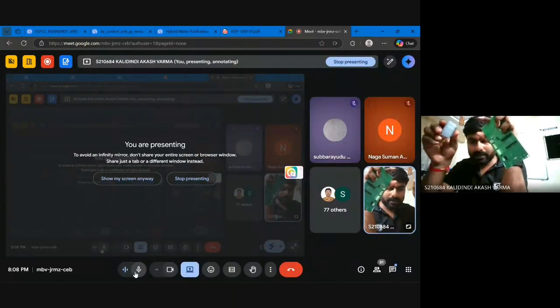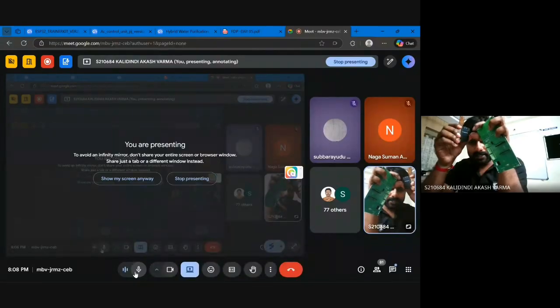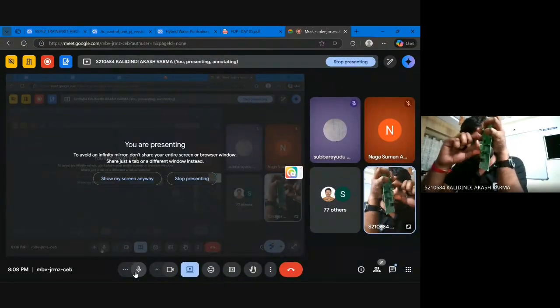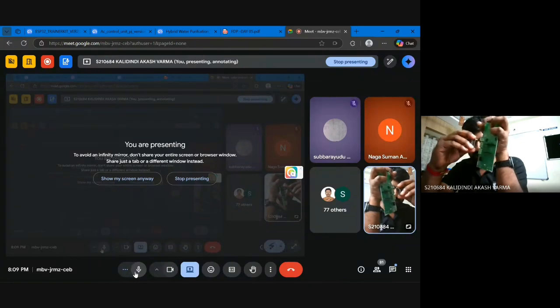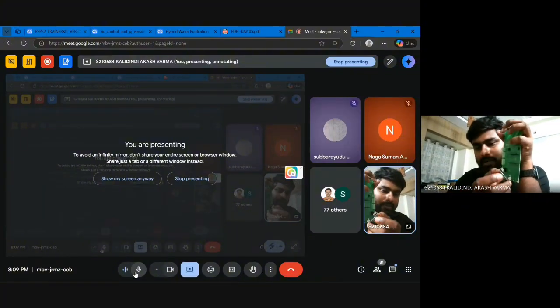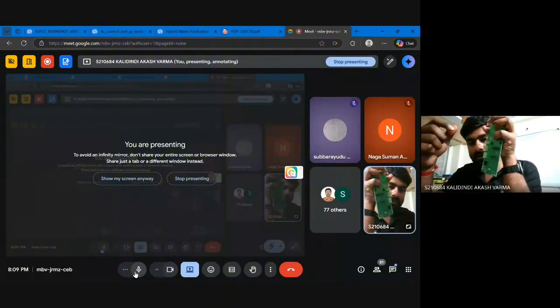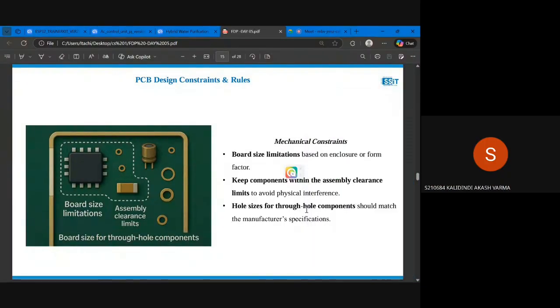This is called the footprint. This particular designer mismatched the footprint, so they kept these tracks far away. While we are trying to fit this particular thing, it is unable to fit. We need to rework it. This is the importance of the footprint. So while designing, we should take care about the footprint. That is the importance of through hole.